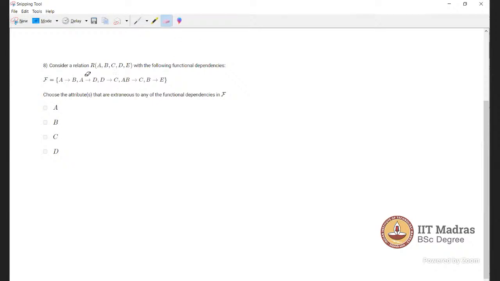Tell me your approach. Here I have A determines B and AB determines C, right? From A we can determine B, right? Correct. B is an extraneous attribute here. Without that, we can determine all other attributes, so it becomes extraneous. Okay, got it.